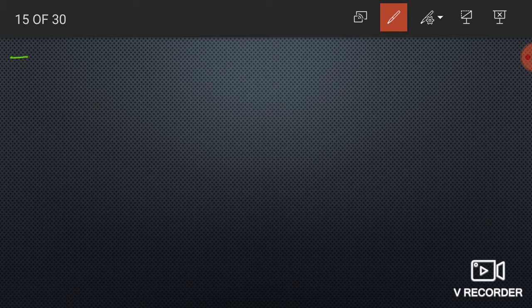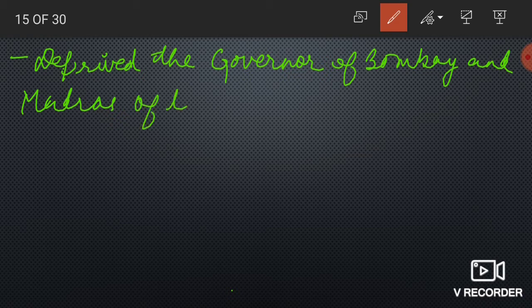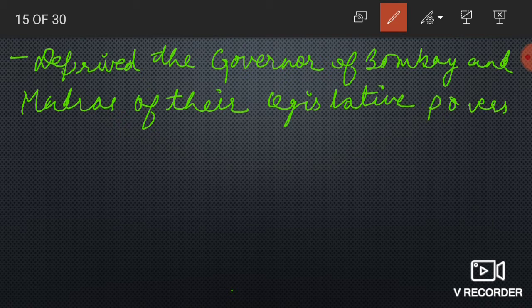However, this act deprived the Governors of Bombay and Madras of their legislative powers.